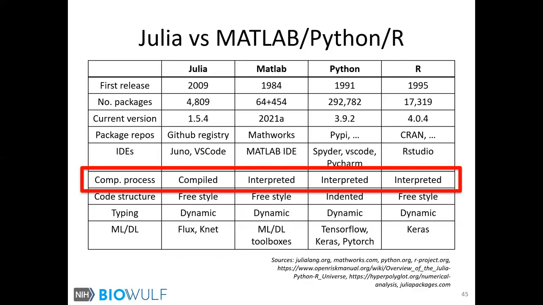I will go into detail on what the difference is between compiled and interpreted, as well as how Julia does the compilation. But suffice it to say, for now, Julia is supposed to be a compiled language, so it's supposed to be faster when you run it than the implementation of those other languages shown on the screen that are not compiled in principle. But as I said before, there's not a clear-cut line, and things get a little complicated. We'll talk about it later.